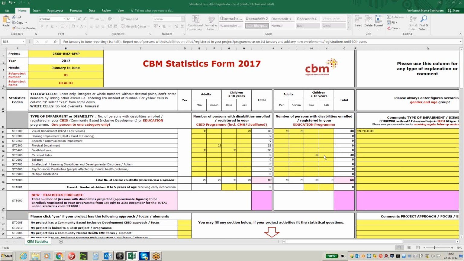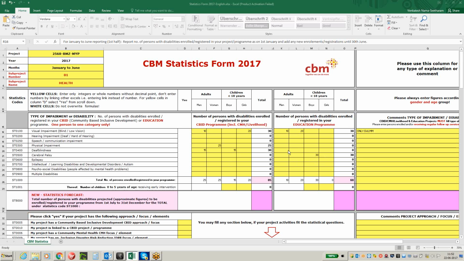Hi, Venkatesh. Yes, Jacqueline. I have a question on that part. The registration of the disabled under CBID: if there is a disabled child, for example, who has been registered at that point and then again registered for the education program, is it allowed to register still under CBID and then again have the same person registered on the education program?